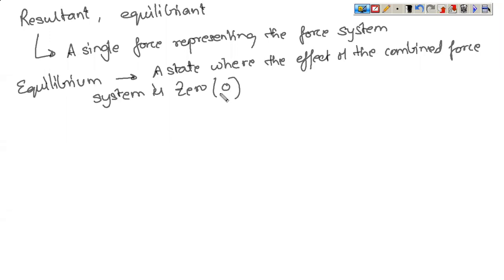So if the effect is zero, that means the resultant is zero. If the effect is zero, that clearly means this is possible when the resultant is zero.